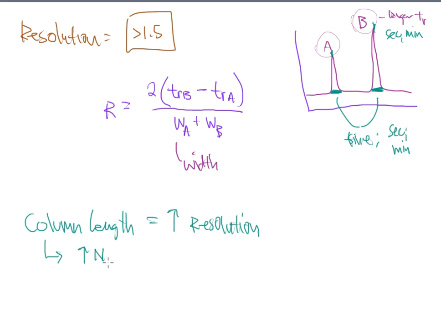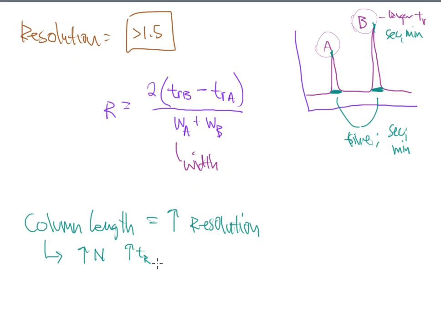And if you increase the number of theoretical plates, you're increasing the length of the flip book that the molecules have to go through. So this does increase retention time because it takes longer now to complete that flip book, because you have to make more drawings on the pages in order for it to be a very smooth cartoon in the very end.